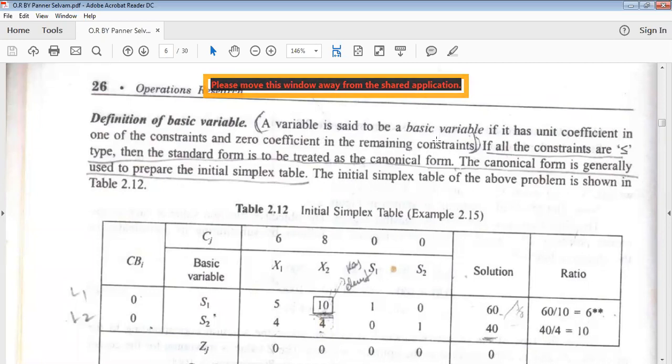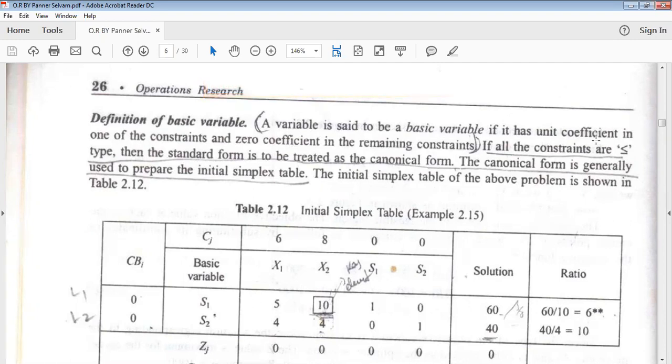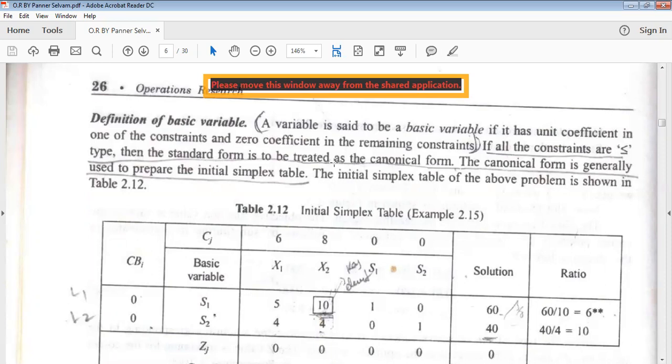If all the constraints are of less than or equal to type, then the standard form is to be treated as the canonical form. The canonical form is generally used to prepare the initial simplex table.